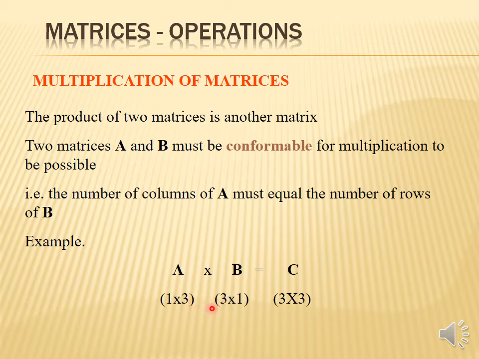This means the inside thing is the same, so matrix multiplication is possible. And the remaining entries, 1 and 1, give the order of the resultant matrix.